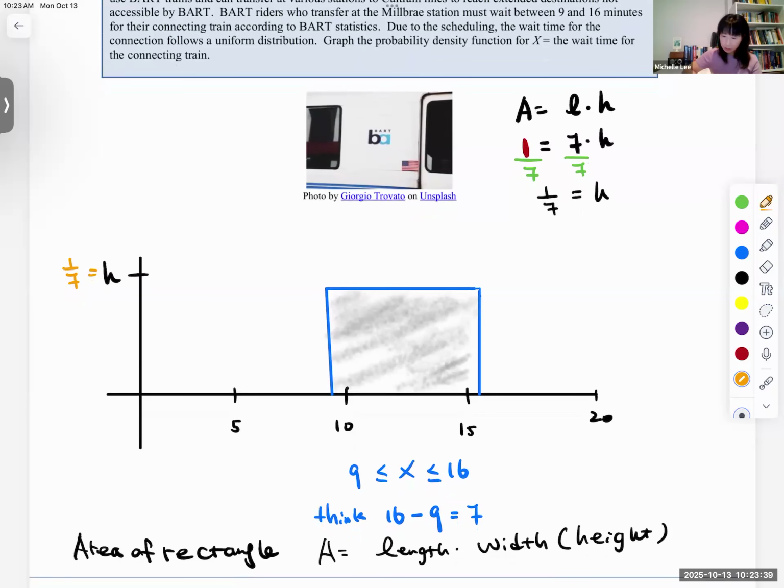All right. Use the uniform distribution from example 2 to find the first one.